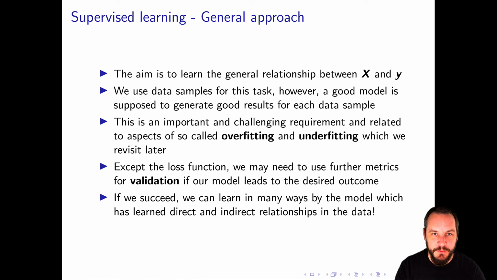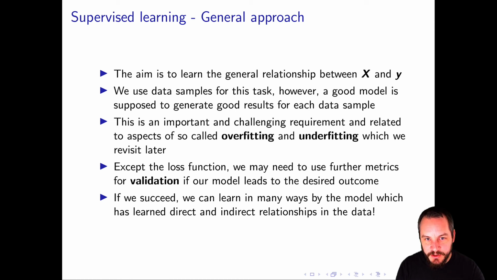So we collect some randomly sampled data, and then we calibrate our model and do our best that this calibration is good. But obviously, the model is only good if it also works well for new and unseen data. And only if this is true, then we succeed in finding a model which generalizes well. So this is an important aspect which you should be aware of, and which you also need to know when we later talk about aspects like overfitting and underfitting.